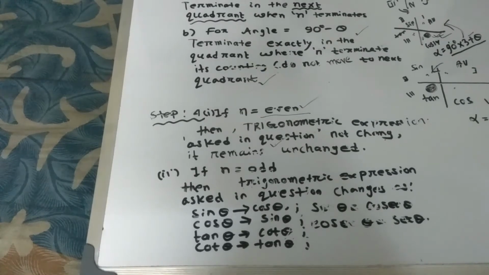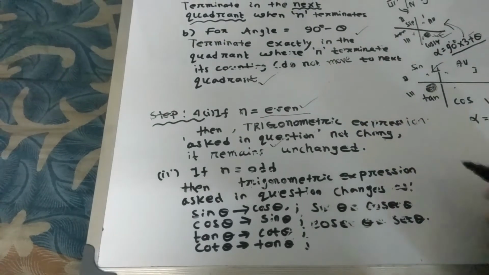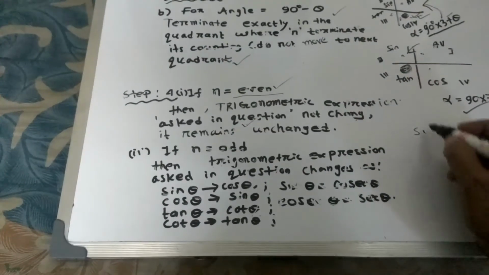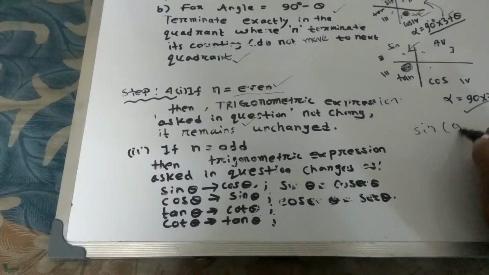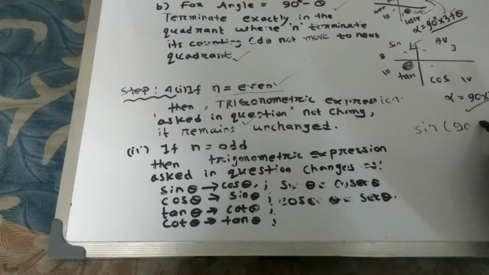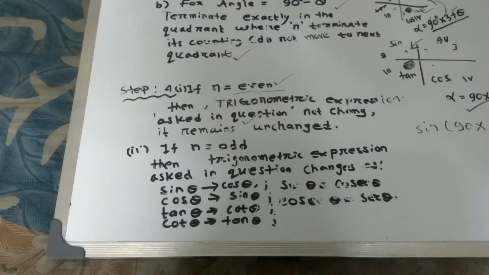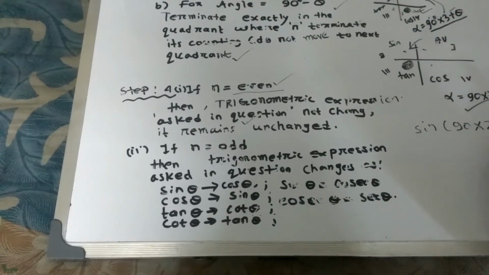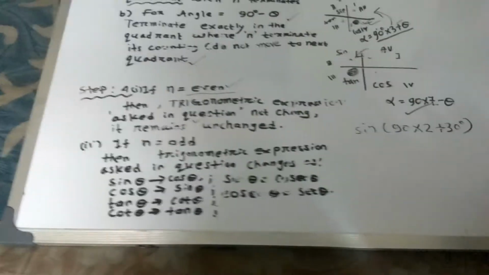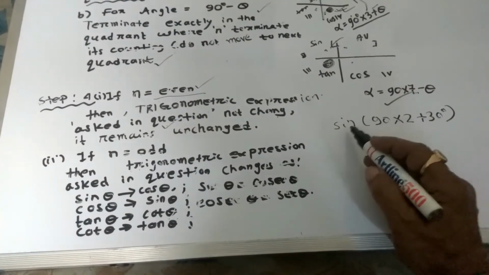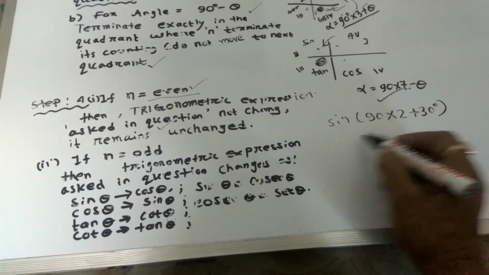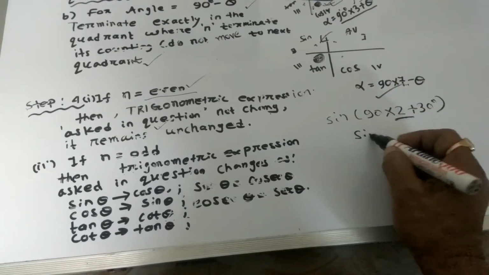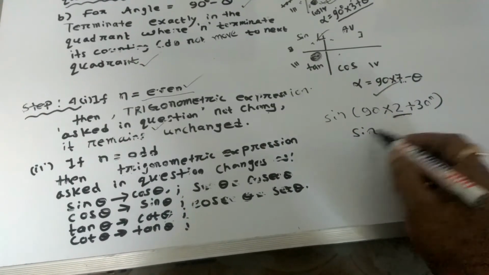For example, sin 90 into 2: 2 is an even number, so the given trigonometric expression is sine and it should not change, it remains sine.